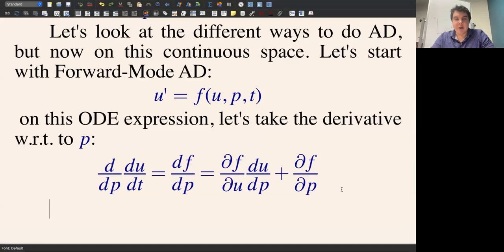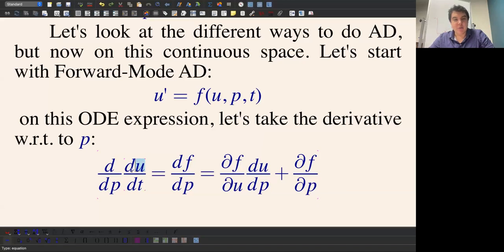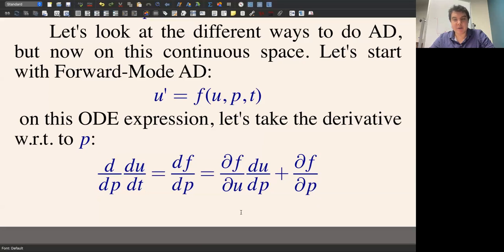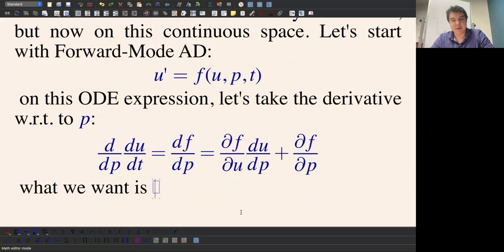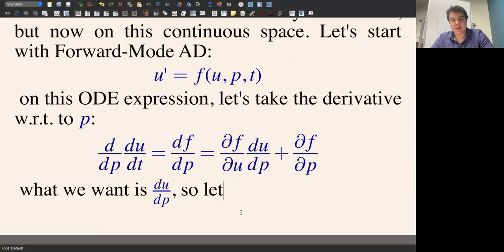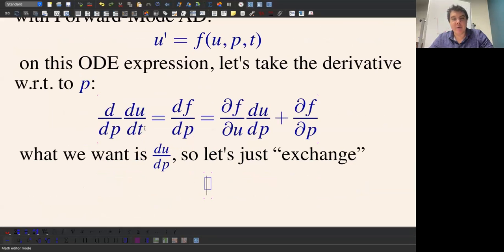But now here's the thing. What we want is du/dp, so let's just exchange the derivatives. In a formal math class setting, I'd say you have to make sure that your solution is sufficiently nice, so your solution has to be at least differentiable, et cetera.